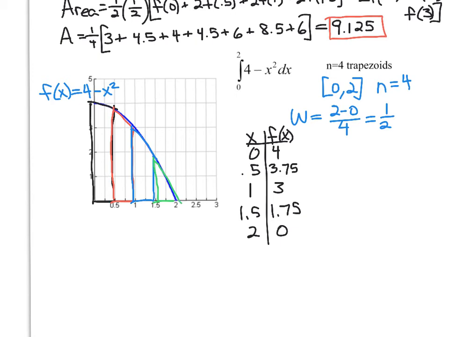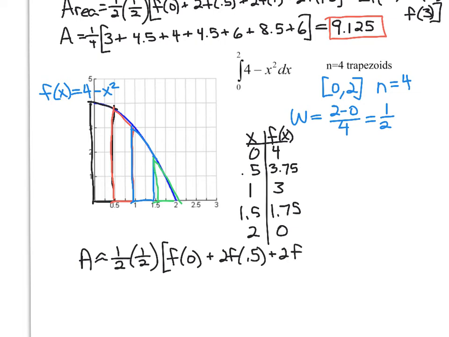So going ahead and setting up our area, we're going to say that the area is approximately equal to 1/2 of the width, so 1/2 of 1/2, times the function value at 0, plus 2 times the function value at 0.5, plus 2 times the function value at 1, plus 2 times the function value at 1.5, plus the function value at 2.